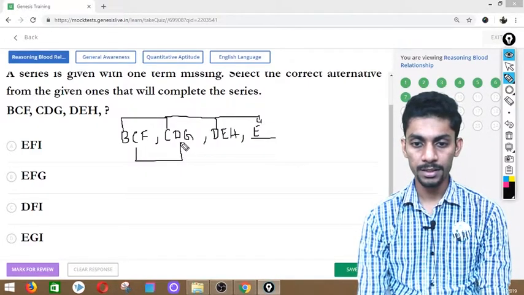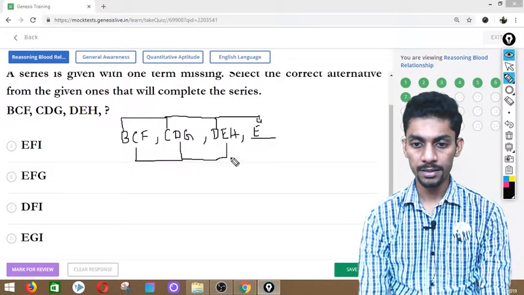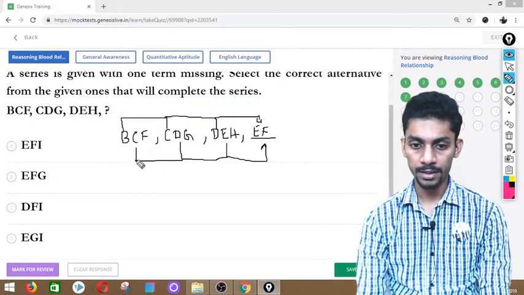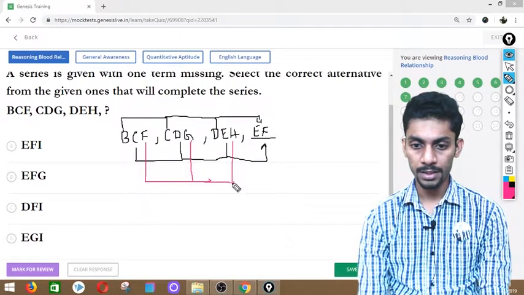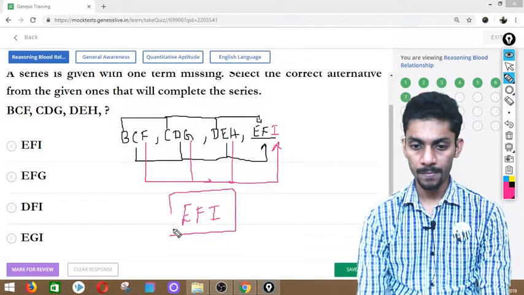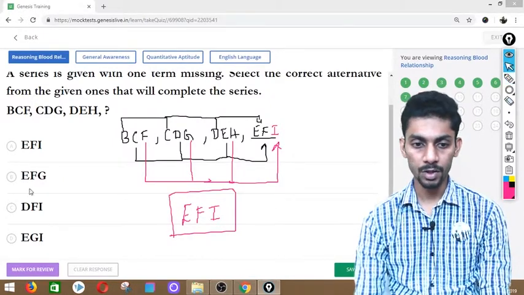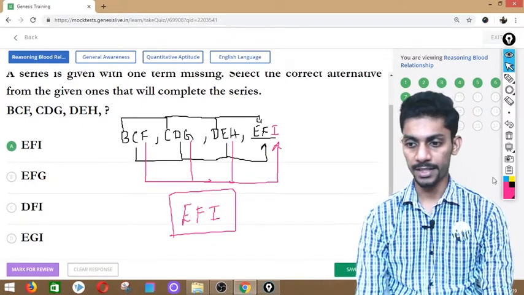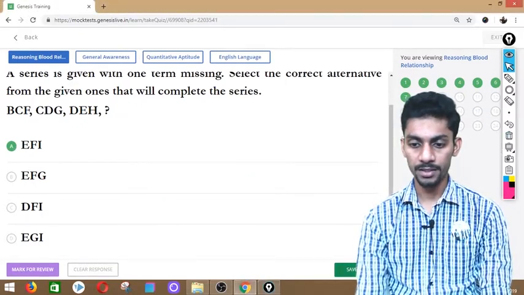C, D, E, next should be F, right? And next one is F, G, H, next one will be I. So the answer is E, F and I. EFI, that is option A. Clear? Yes, mark that and go for next one.